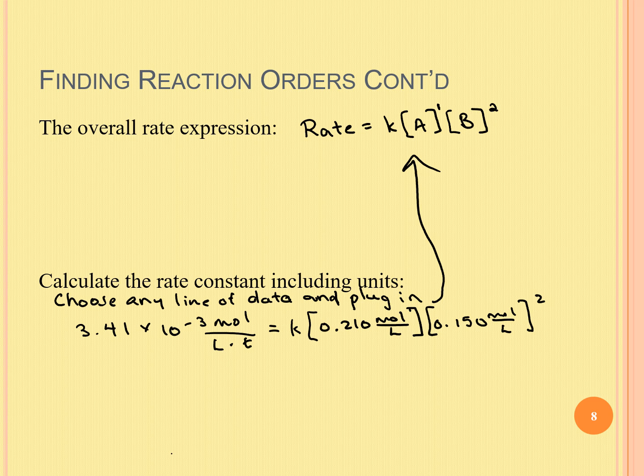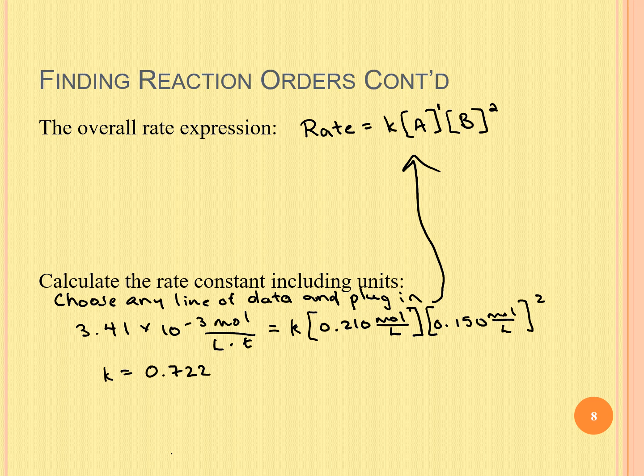Solving for the value of K is really easy. We can just do the algebra: 3.41 times 10 to the minus third divided by 0.21 divided by 0.150 squared, and we get that K is equal to 0.722.